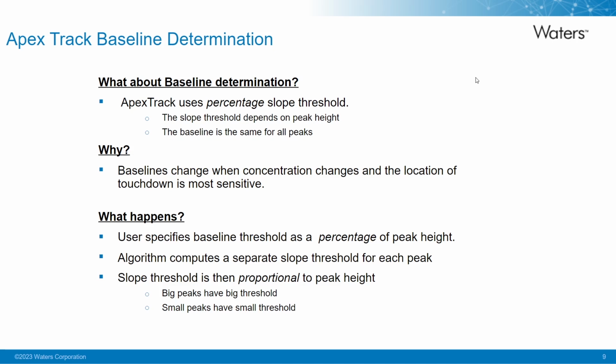So the slope threshold really depends on the peak height. Tall peaks will have big thresholds, small peaks will have small thresholds, but the key here is that it will integrate consistently. So if you're going over a rather wide range of concentration for an analyte, it will integrate those peaks consistently.